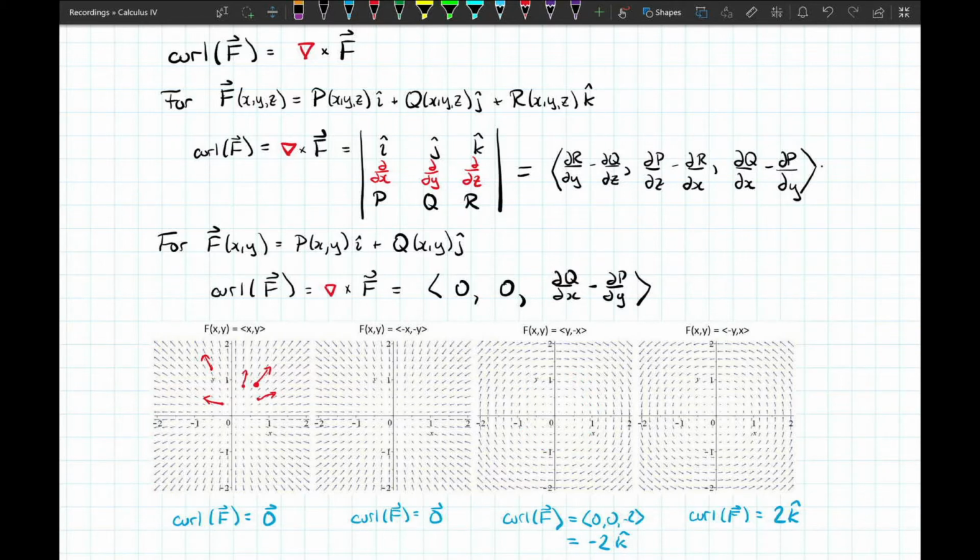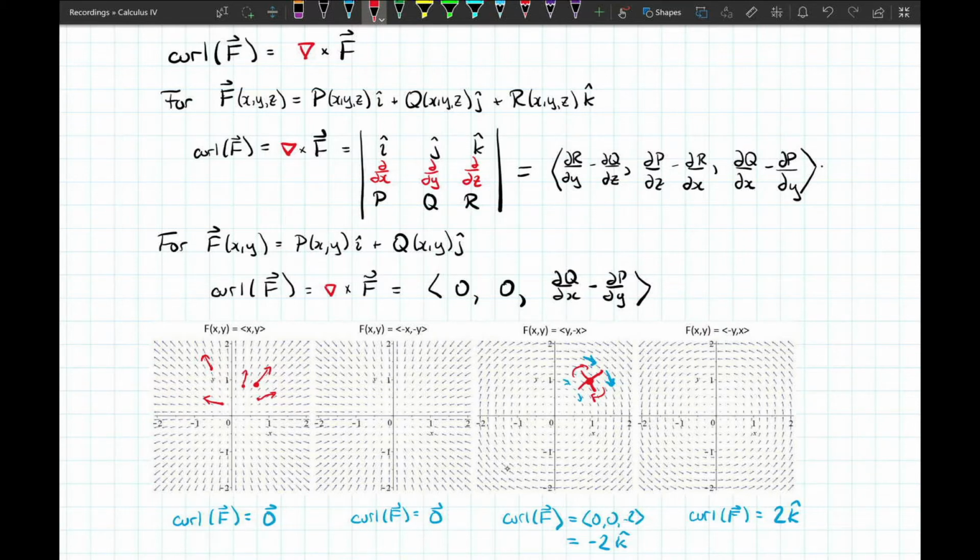Let's pick a point such as 1, 1 in quadrant 1, and imagine that I have a little spinner here. These are little paddles that are in the fluid. And you can see that we have much stronger fluid flow at the top of this paddle wheel, and we have weaker flow at the bottom. If that's the case, this stronger flow is probably going to be spinning my paddle in a clockwise direction.